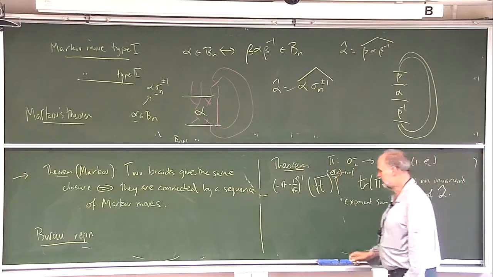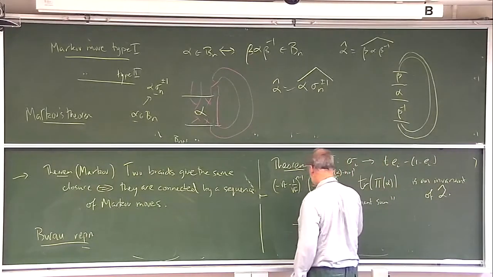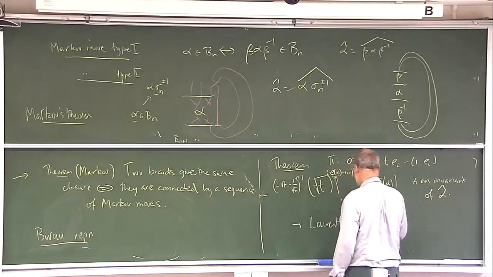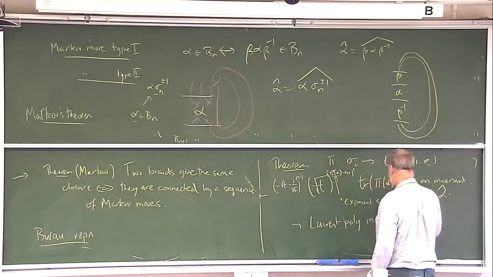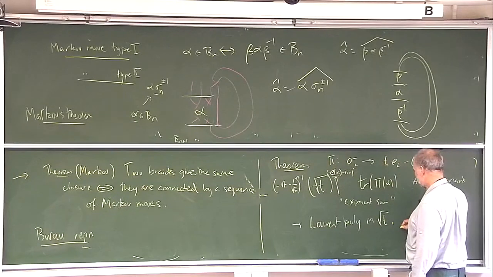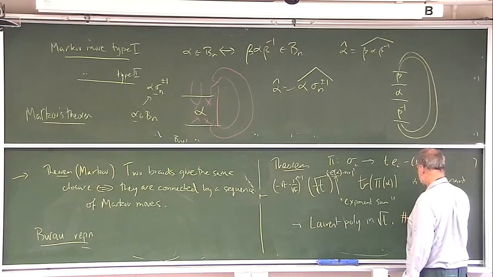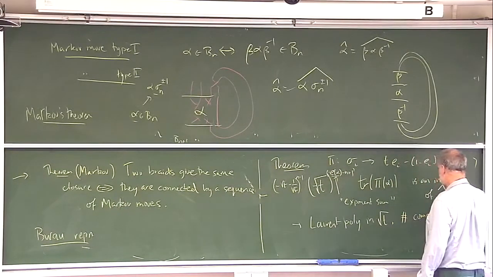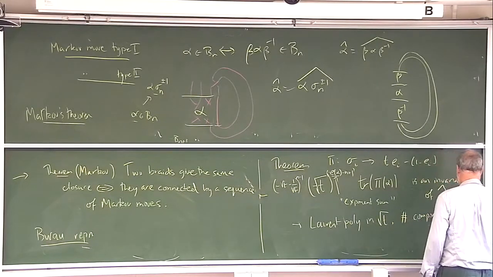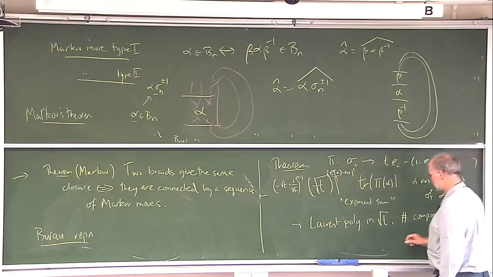Anyway, a few examples, and you find that it's a Laurent polynomial in root t. And in fact, if the number of components is odd, which is the case of knots, it's a Laurent polynomial in t.